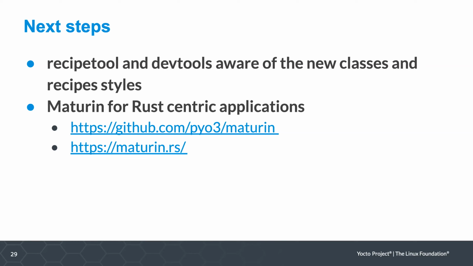The other thing is there's another tool out there called Maturin. This is really where the work is happening. It's no longer happening in setuptools Rust anymore. And it's a little bit more for Rust-centric applications, but it's aware of Python and Rust and Cargo. So if you go and look at these two links, you can see a little bit more about that.